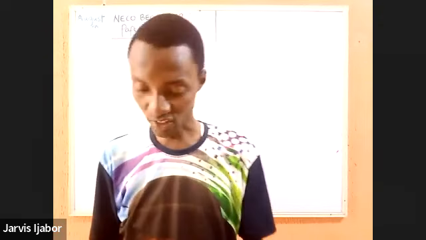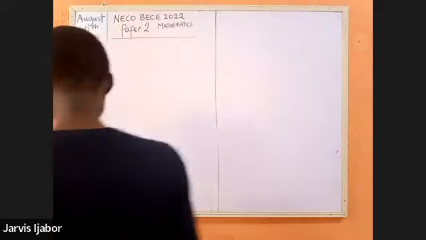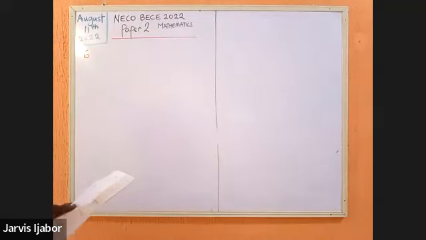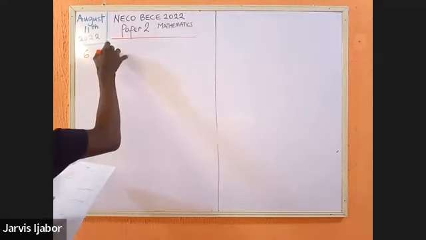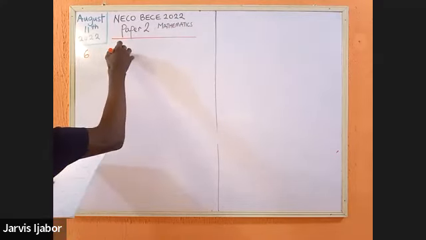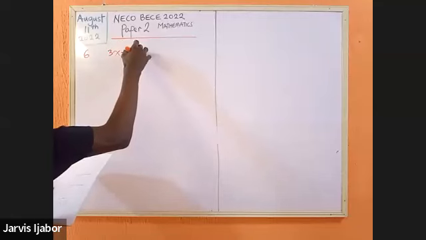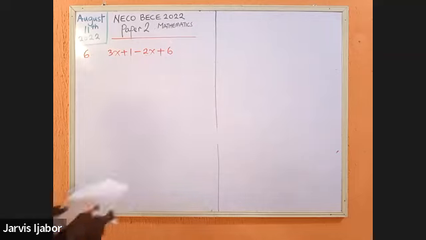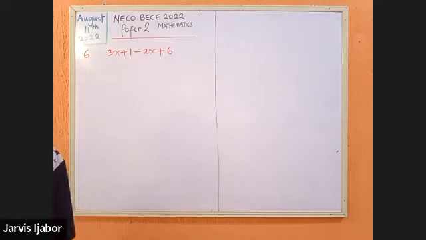So let's go to question 6. In question 6, it says, find the sum of the coefficients of x in 3x plus 1 minus 2x plus 6, right?